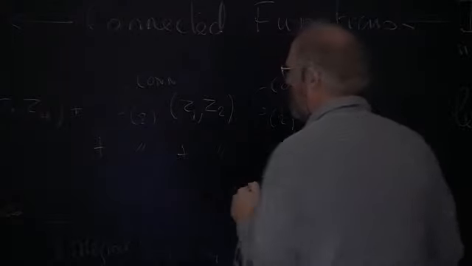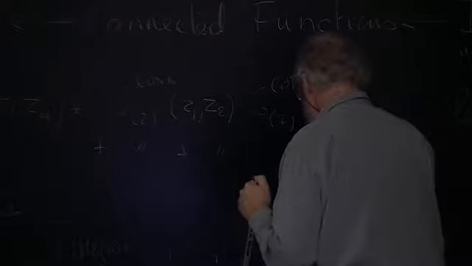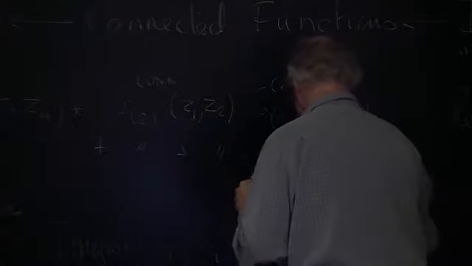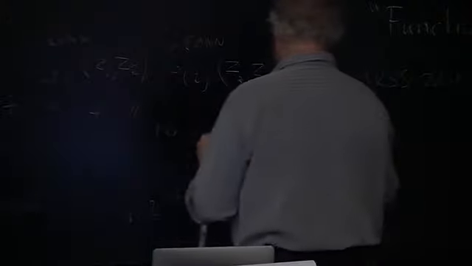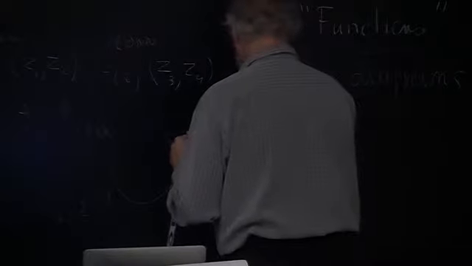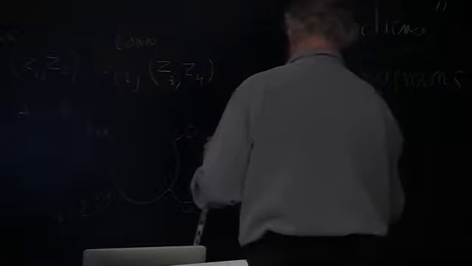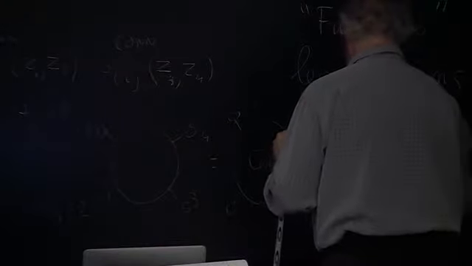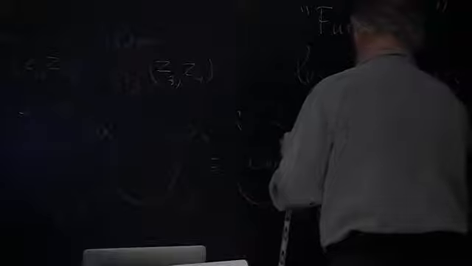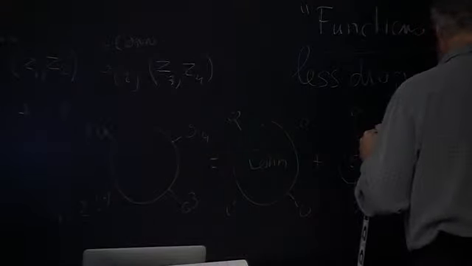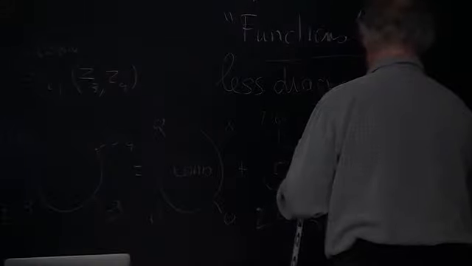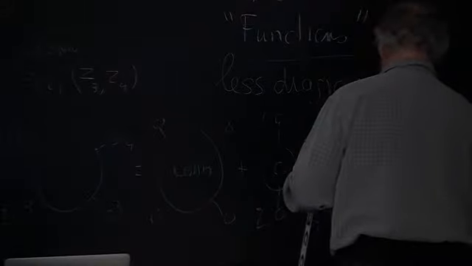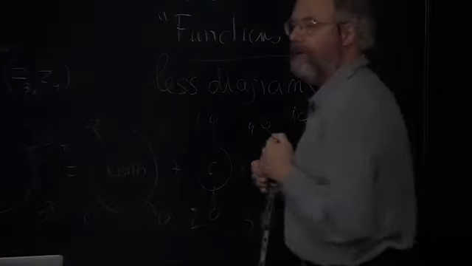So in other words, I can write that a four-point function like this, where this represents the sum over all the diagrams, is just the connected four-point function plus this times this, where this is connected, plus this, well, 1, 2, 3, 4, plus 1, 3, 2, 4, plus the last one.